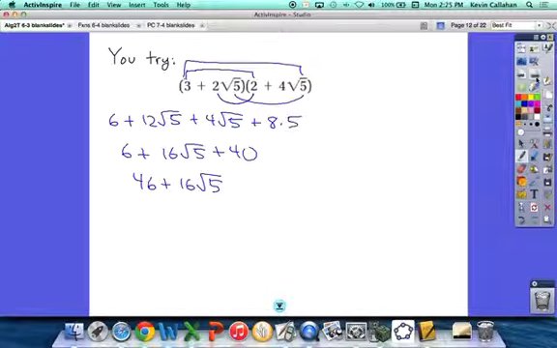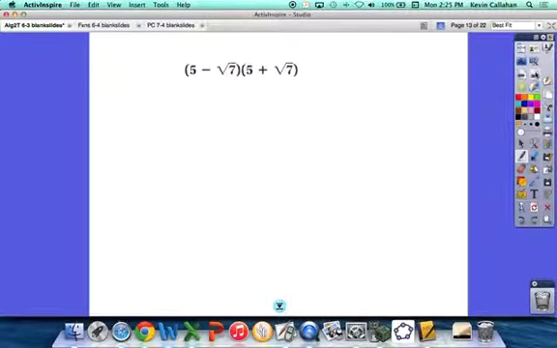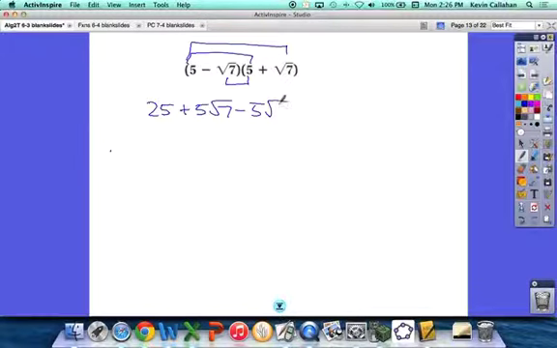Okay. Now let's do this one, right? FOIL. 5 times 5, 25. 5 times the square root of 7. 5 times the square root of 7, right? How about 5 times negative square root of 7? Minus 5 times the square root of 7.